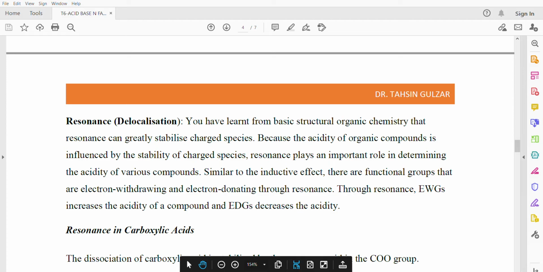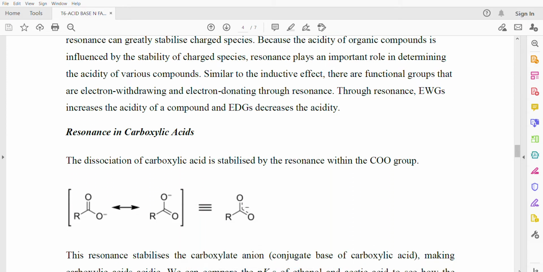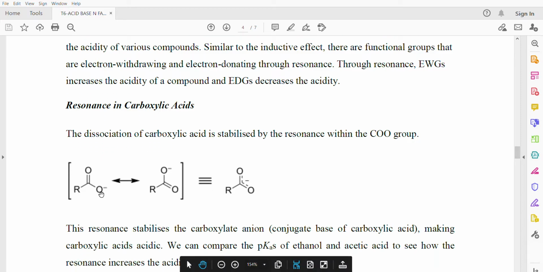Now this is simple. I have told you about resonance in carboxylic acid. One time the negative charge is on this oxygen downwards, and another time the negative charge is on the upper one, 50% of the time on this oxygen and 50% on the upper one.